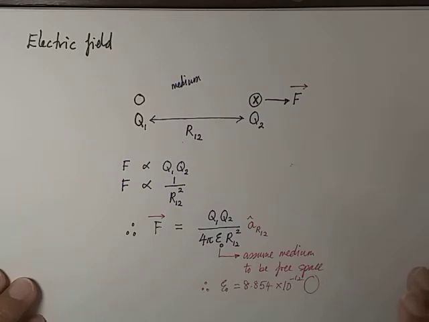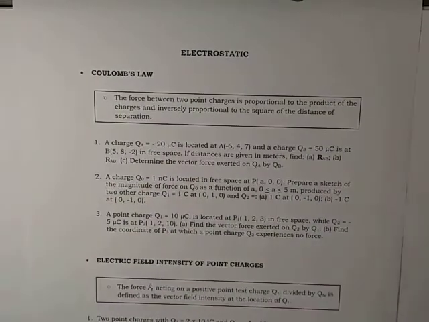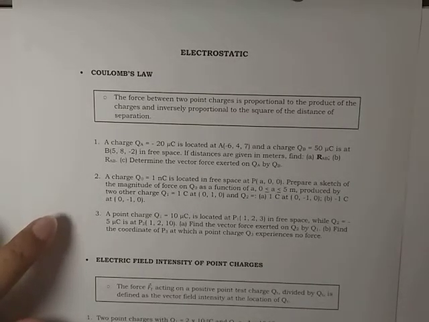In order to do that, let's focus on handout number 4 that you can download from our e-learning website. Let's do this particular example. Under the topic Coulomb's law here, there are 3 questions that you can give a try.